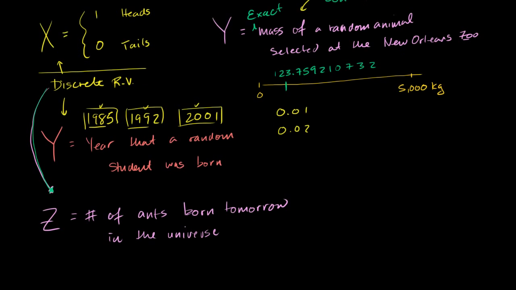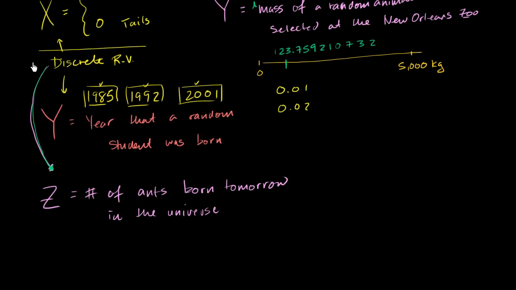This is fun, so let's keep doing more of these. Let's say that I have random variable X. So we're not using this definition anymore. Now I'm going to define random variable X to be the exact winning time for the men's 100 meter dash at the 2016 Olympics.